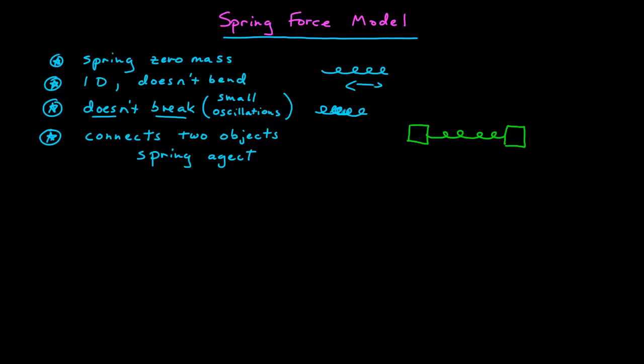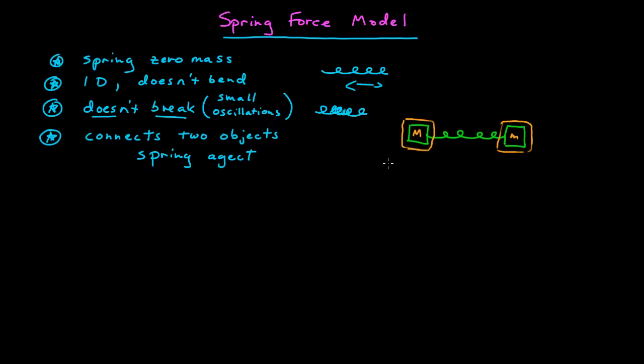And so, again, like we described before, if I want to know what the force is on this object, the forces have to be in contact with that object. And so the spring is in contact with that mass, and so I say the spring is an agent, and it exerts a spring force on the mass, which is the object. That spring also exerts a spring force on this other object.